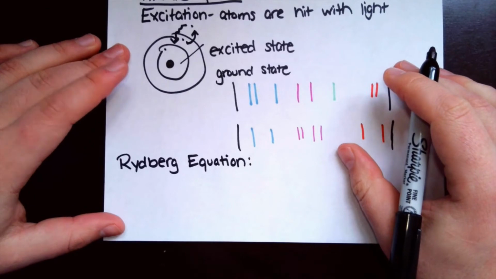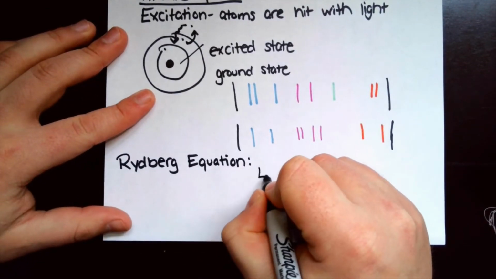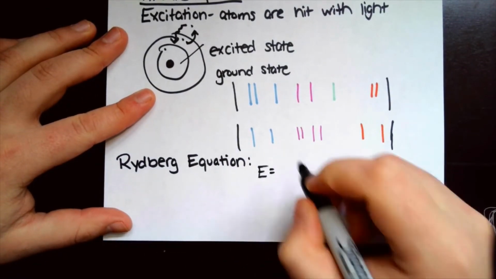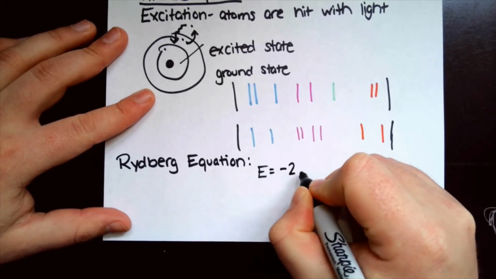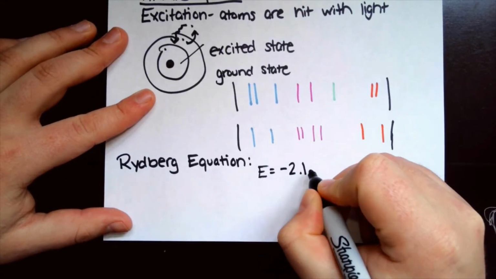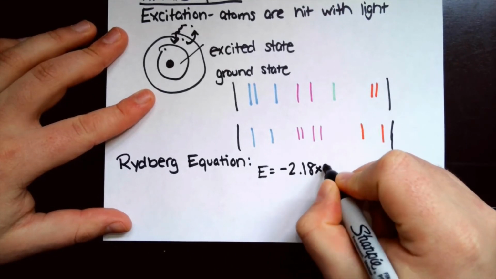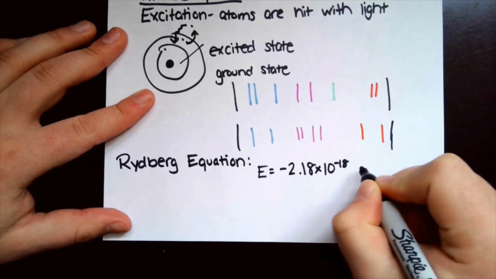So the Rydberg equation says that the energy equals a constant, which is the Rydberg constant, negative 2.18 times 10 to the negative 18th joules.